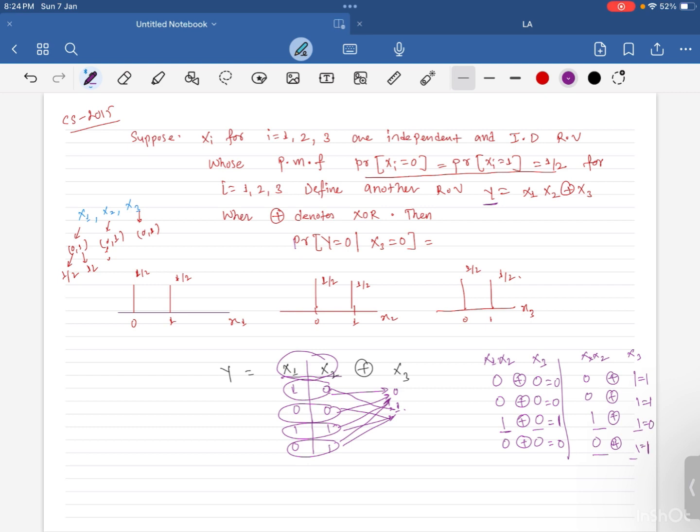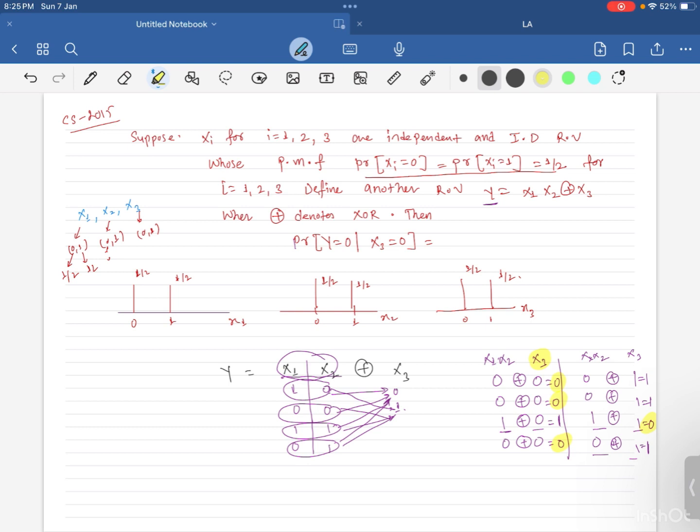Now these are the values of y with the different values of x1, x2 and x3. Now we have to find this probability, y is equal to 0 given x3 is equal to 0. Now you see where x3 is equal to 0. x3 is 0 here, 0 here, 0 here, 0 here.